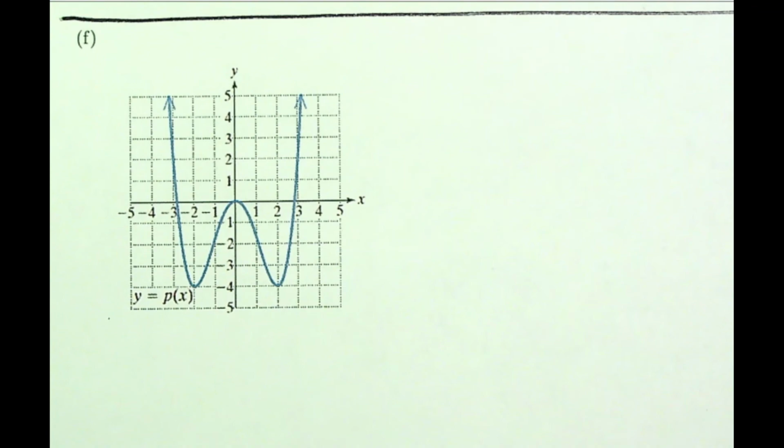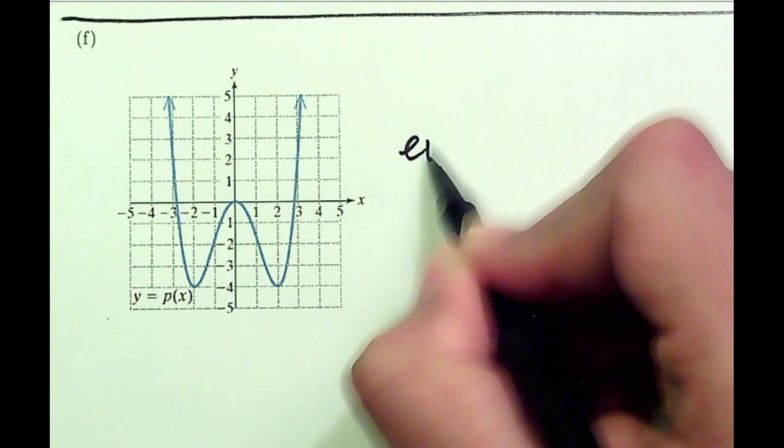Note that the right-hand side really does look like a mirror image of the left-hand side, and it is. Just analyze it carefully. It really is a perfect mirror image. The right-hand side is a perfect mirror image of the left. So that means this is even.